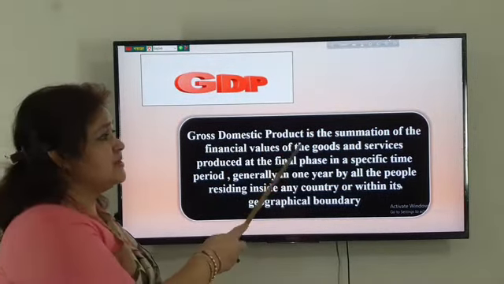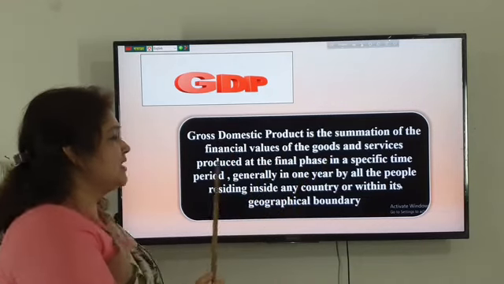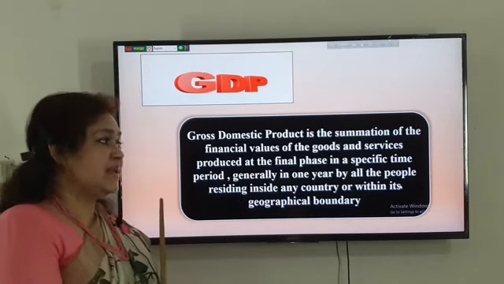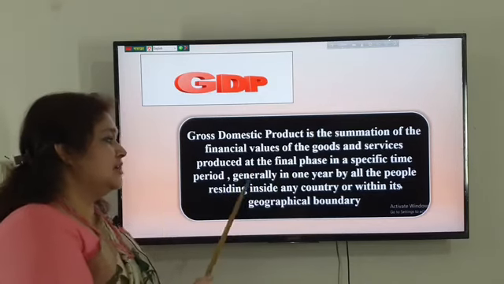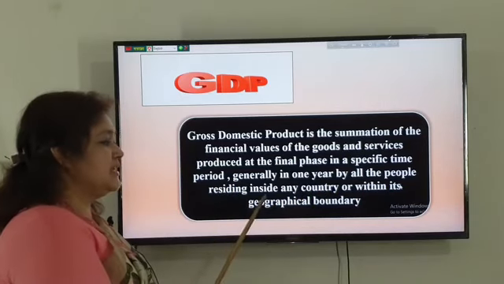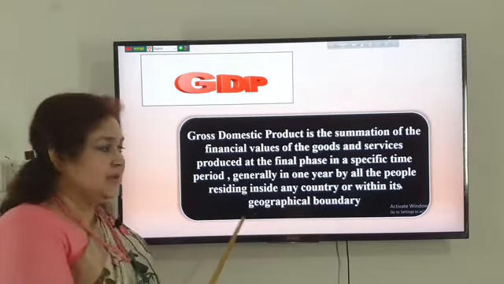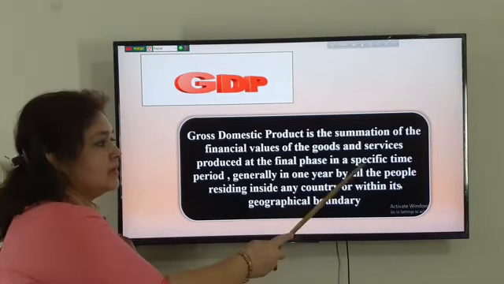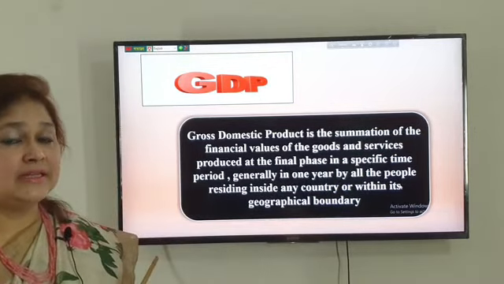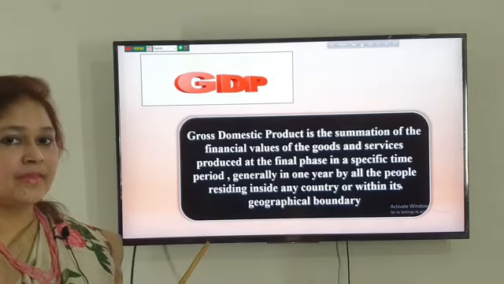Gross domestic product is the summation of the financial values of the goods and services produced at the final phase in a specific time period, generally in 1 year, by all the people residing inside any country or within its geographical boundary. A specific time period, I mean in a fiscal year. Do you know when the fiscal year starts?